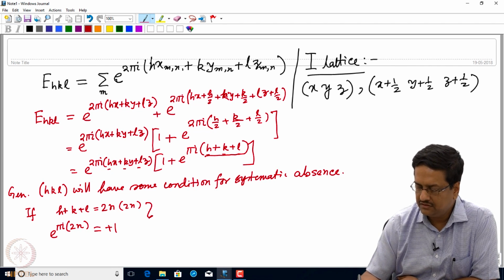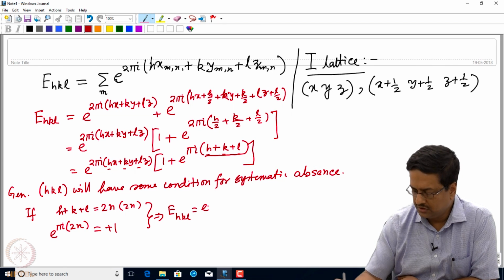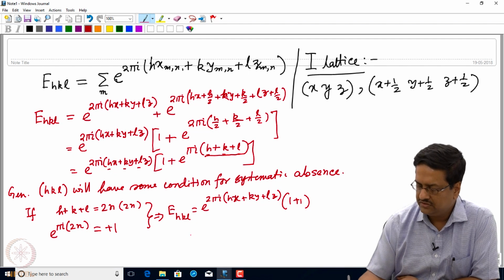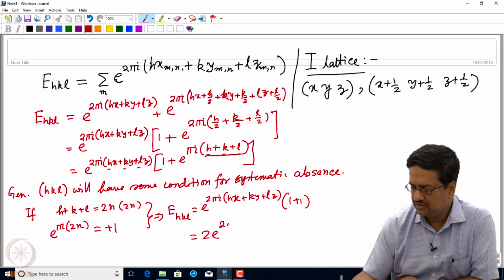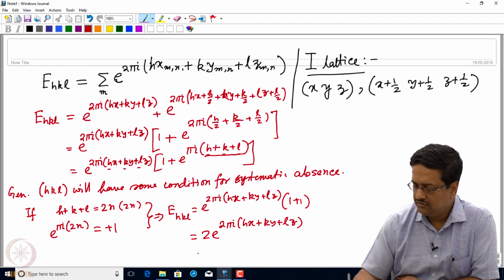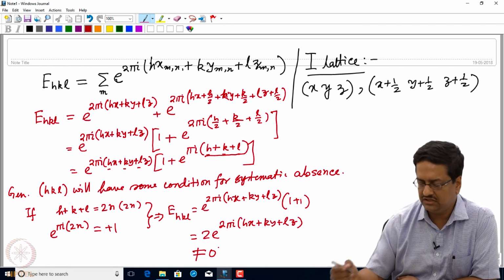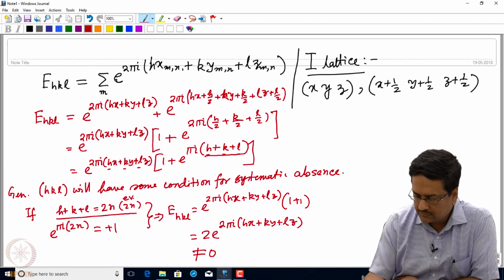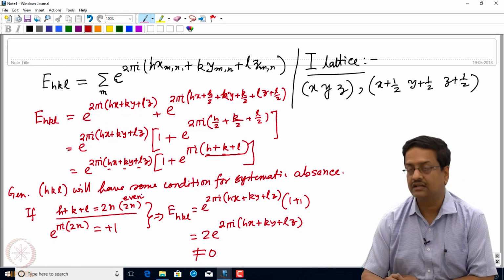So this would mean that EHKL is equal to e to the power 2 pi i (hx plus ky plus lz) into (1 plus 1), which is equal to 2 into e to the power 2 pi i (hx plus ky plus lz), which is not equal to 0. So that means when h plus k plus l is even, the reflections are going to be present.